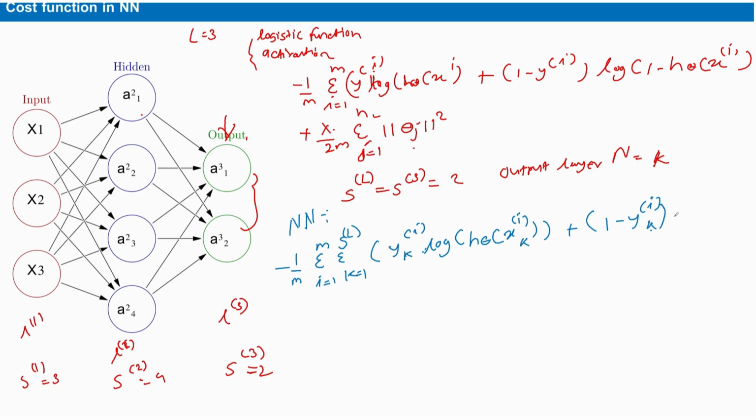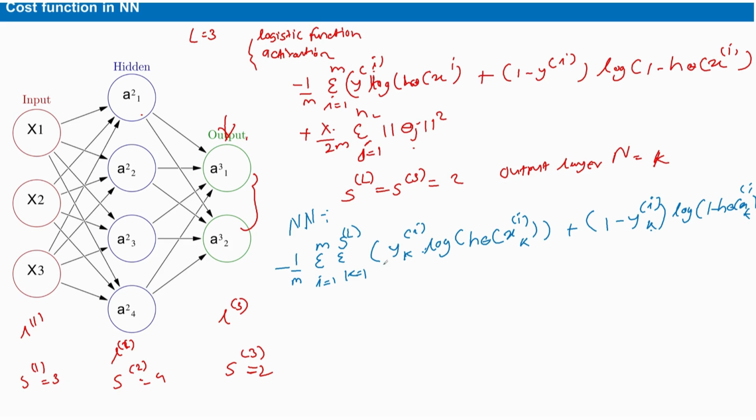Then the next term is log of 1 minus h_theta(x^(i))_k, meaning log of 1 minus the prediction for the ith example at the kth neuron in the last layer.